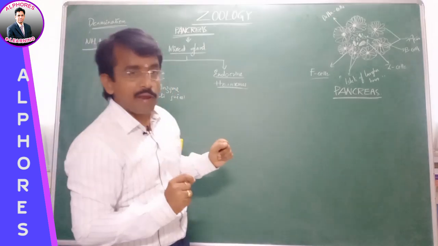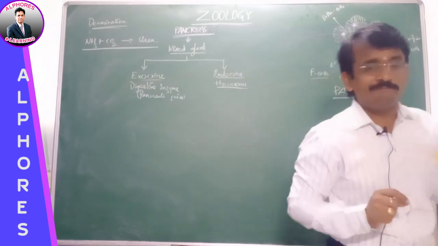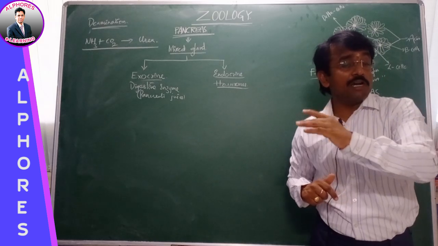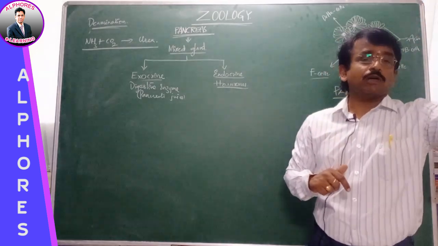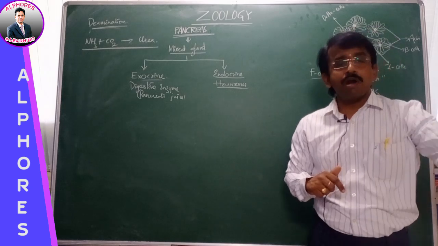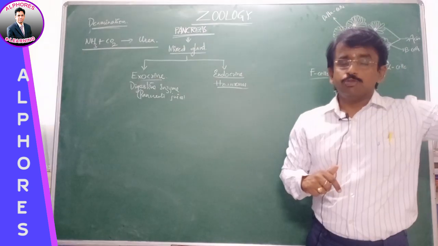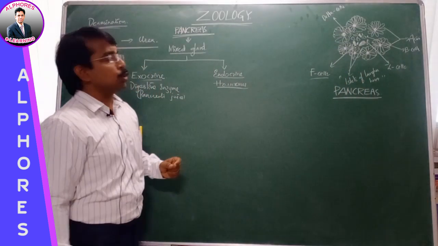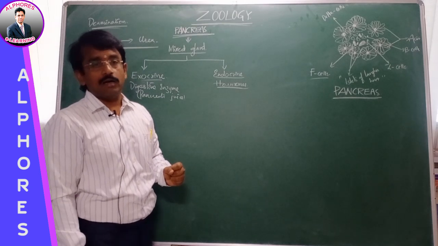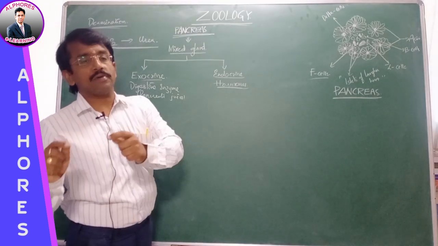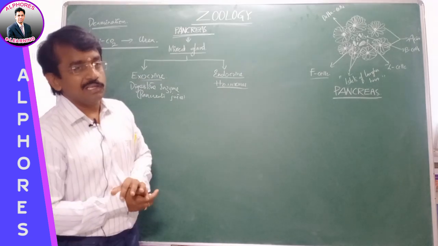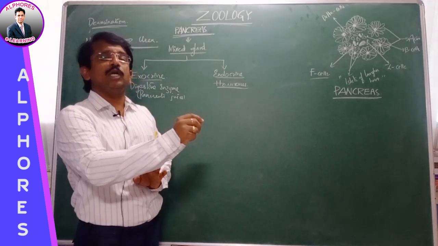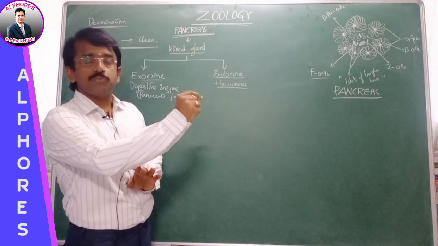The main pancreatic duct is named the duct of Wirsung. It combines with the common bile duct and secretes the pancreatic juice into the duodenum by the hepatopancreatic duct, or the ampulla of Vater, whose opening into the duodenum is guarded by the sphincter of Oddi.